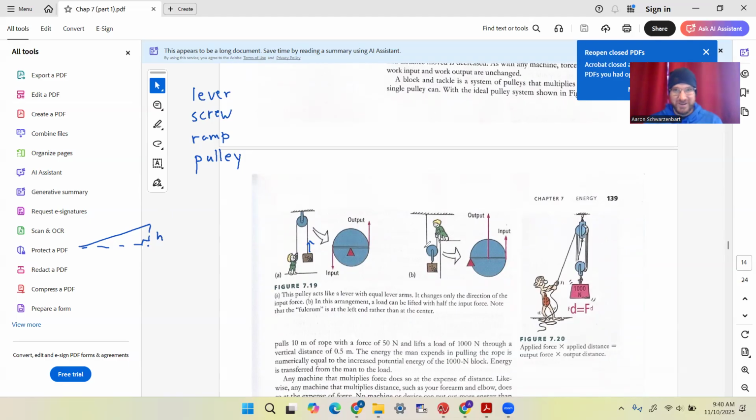This one, however, has a force tension up on both of these ropes. Both of those ropes are holding it up. So the person is only having to exert half the force. Now, as they pull up the rope, they pull essentially half from each side. So they only get half as much distance of lift as they pulled in rope.